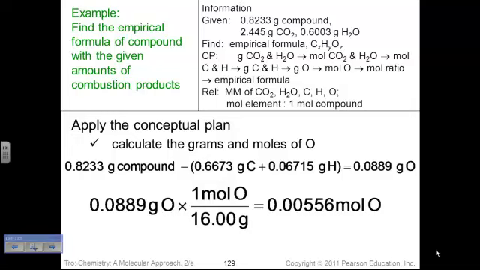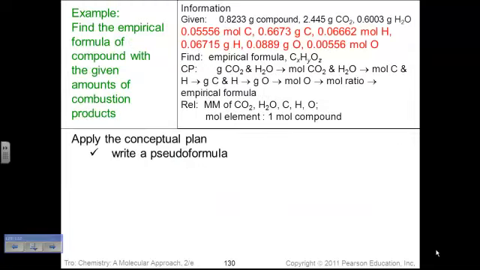Now, after this work, we really have everything we need to write a pseudo formula. That pseudo formula is C something, H something, O something. Well, those somethings are the mole numbers we've determined so far. We've determined the carbon moles, the hydrogen moles, and the oxygen moles.